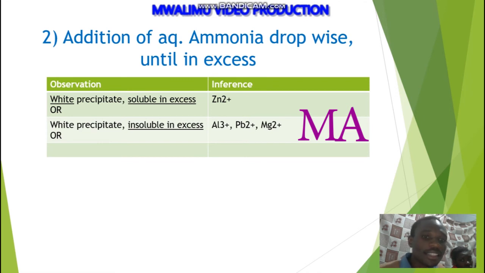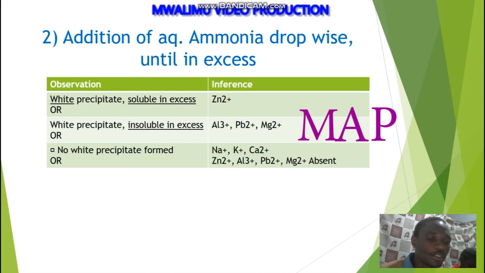Say MAP. MAP is magnesium, aluminium, and lead. Okay, and then if you do not see any white precipitate, that means that there will be absence of those things that we have mentioned above. Okay, yeah, zinc, aluminium, lead, magnesium are absent.